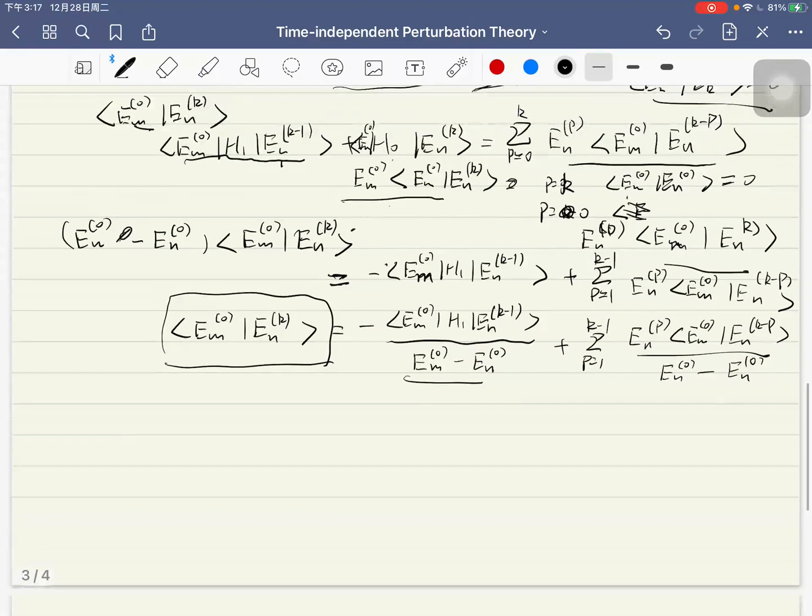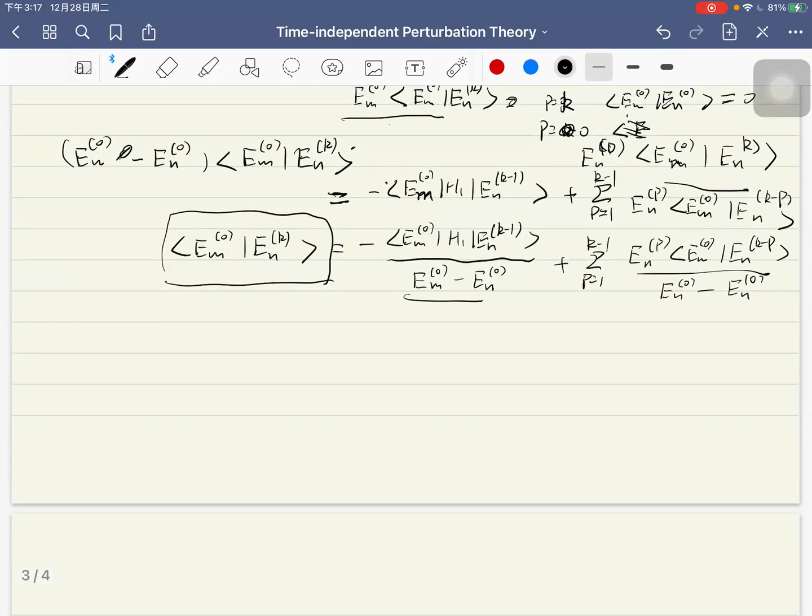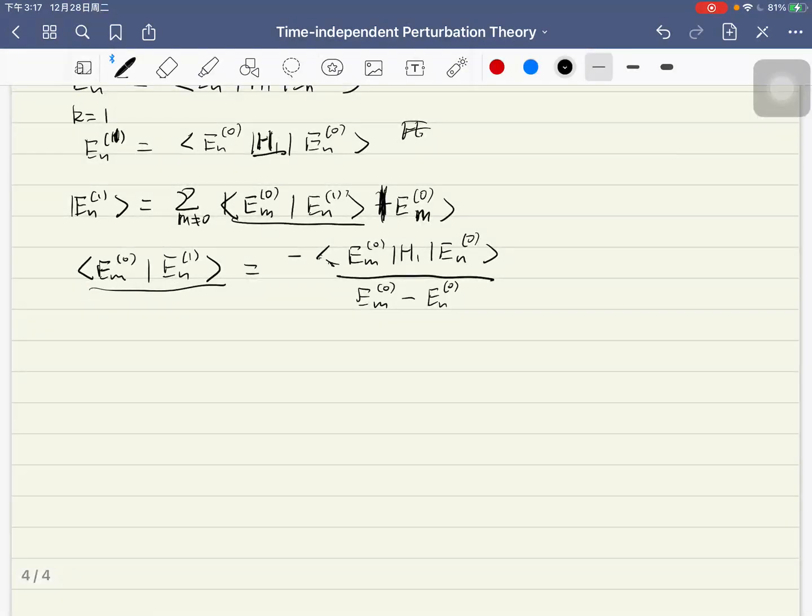Now we look at the second part: because k equals 1, but p is sum from 1, the second part vanishes. So this is the first order correction.